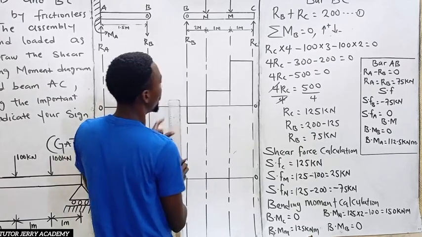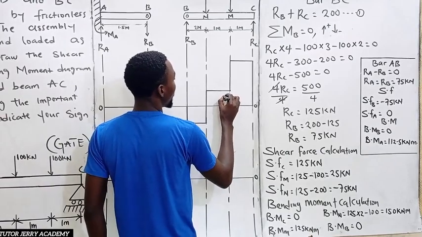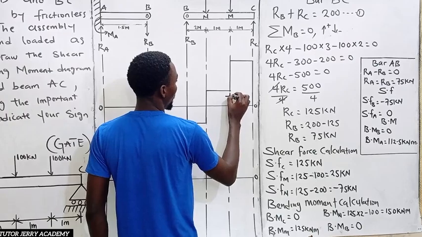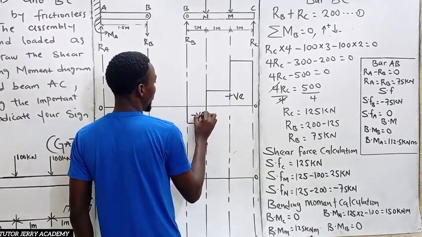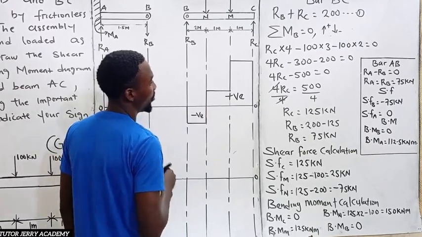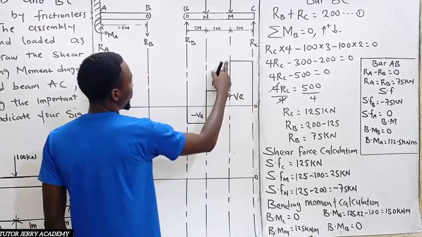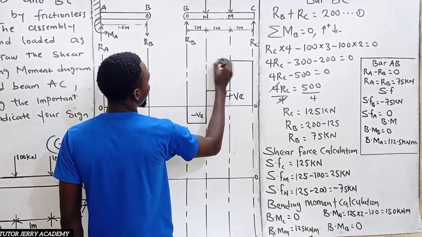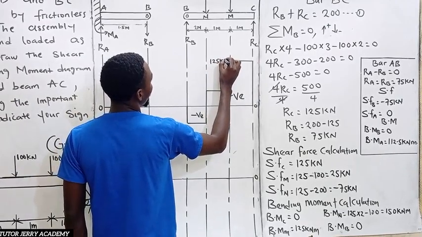So it's going back to 0. This part is positive, while this part is negative. Here is our 125, and here too is going to be 125 because it's constant. So let's indicate 125 kilonewton.